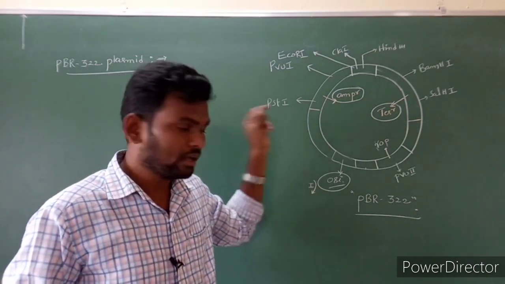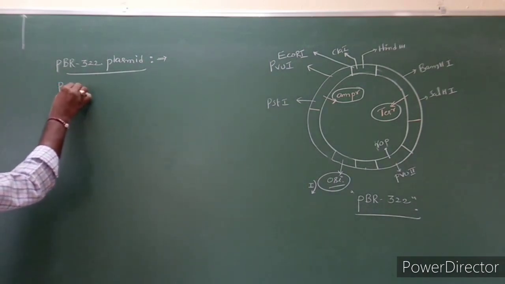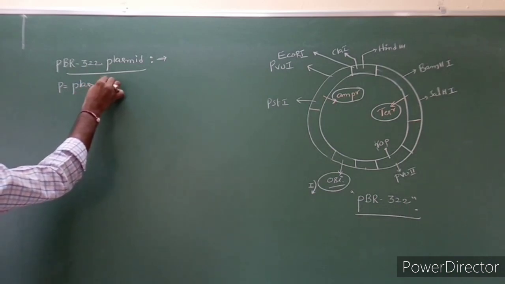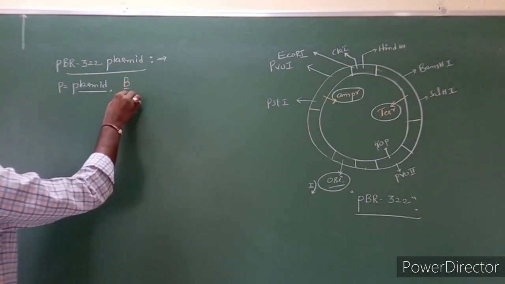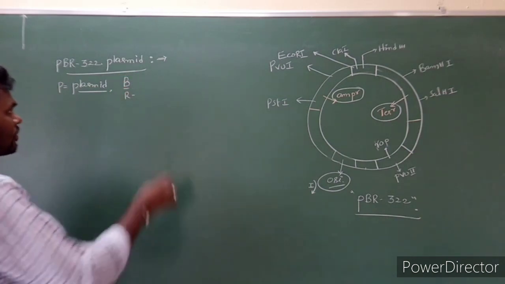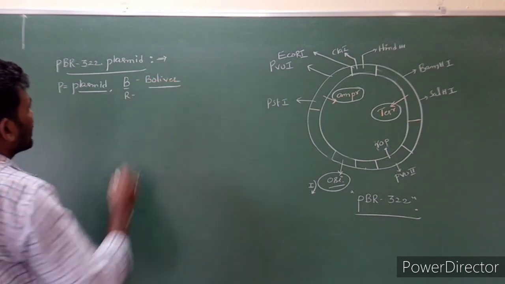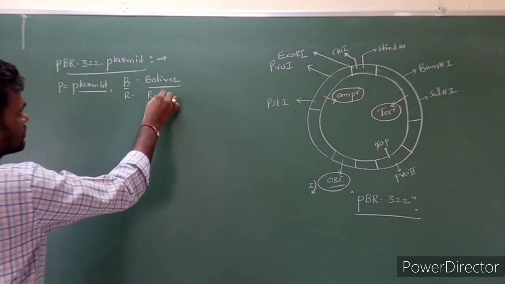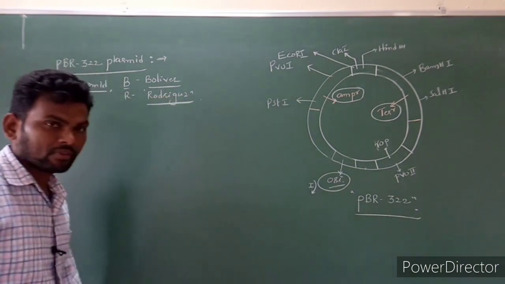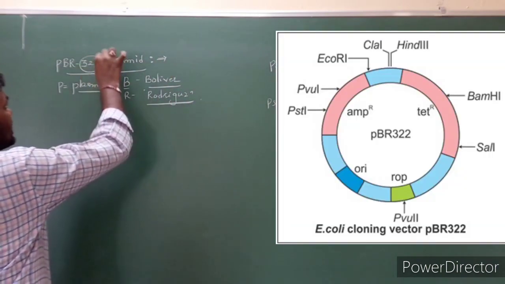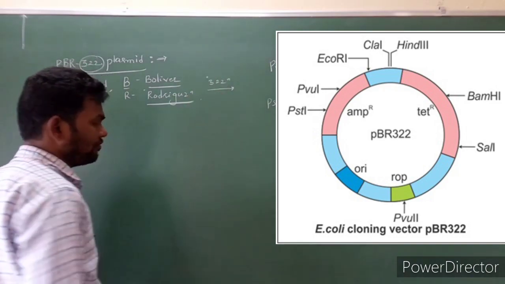Okay, let's write about the pBR322 plasmid. Here p means plasmid. B as well as R are scientist names. B means Bolivar, R means Rodriguez. And the number 322 is the serial number of the plasmid, the discovery number of the plasmid.